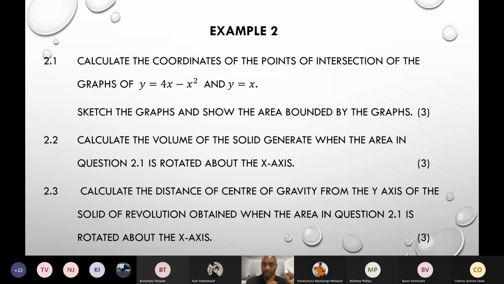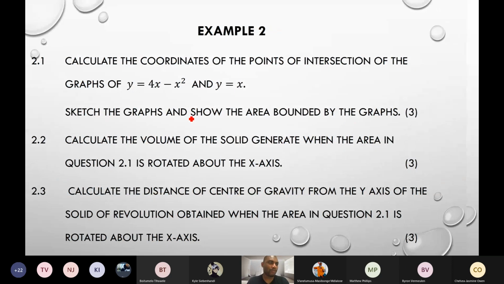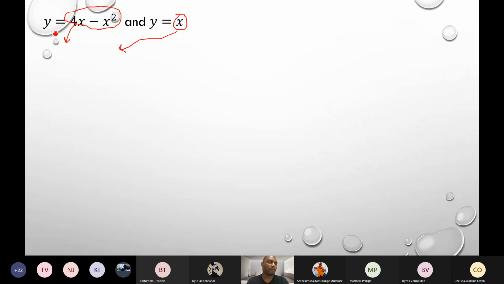But if you look at example number 2, just for point of reference, why is it easier to equate? Because on the left side I have y equals something, and the other graph is also y equals something. When it's like that, it's easy to equate the two.